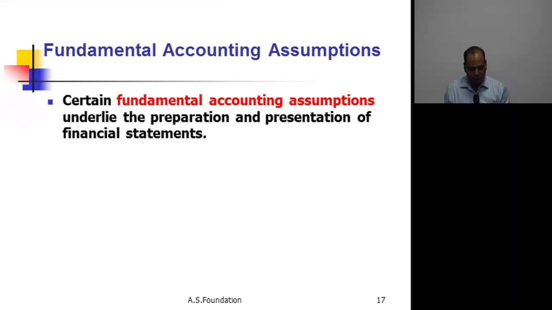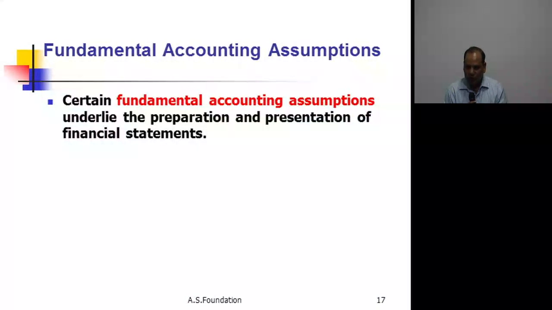Now, come to next heading, paragraph 8, fundamental accounting assumptions. Accounting Standard 1 says there are certain fundamental accounting assumptions which are assumed to have been followed while preparing and presenting the financial statement.